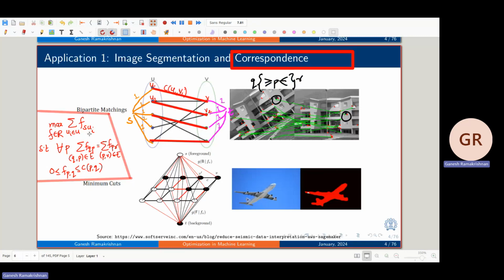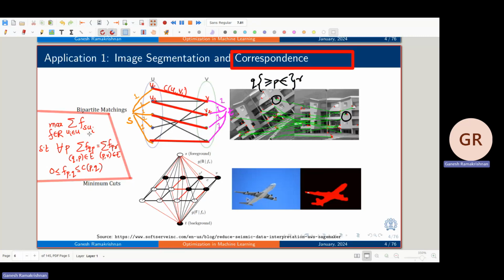I don't have colorful chalks here, but I'm just going to use a simple depiction. Look at the slide there for better understanding. So in terms of the image, you have added an S here and a T here. S is going to be connected to all the pixels in the image on the left, and T is going to be connected to all the pixels on the image on the right. So T is called the sink, S is called the source.